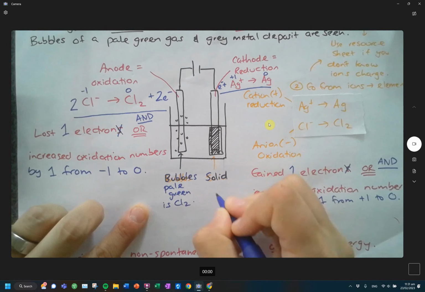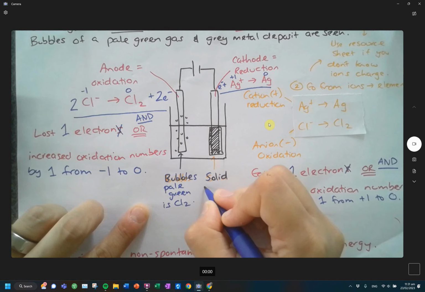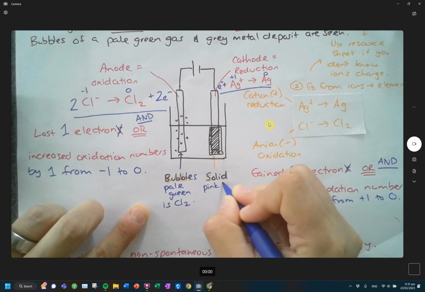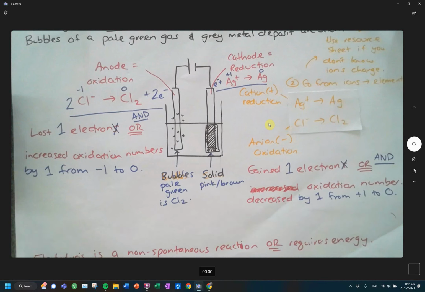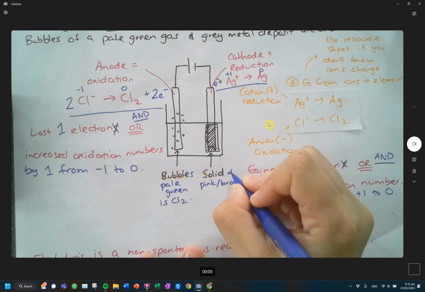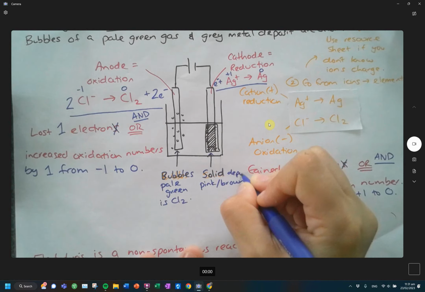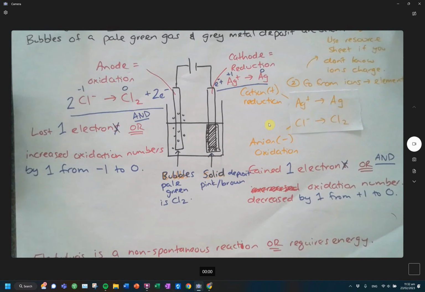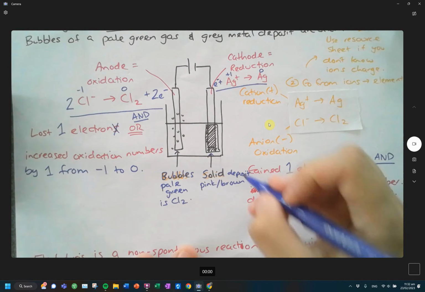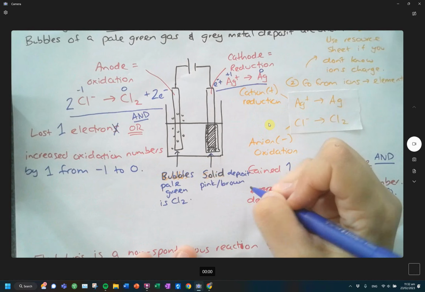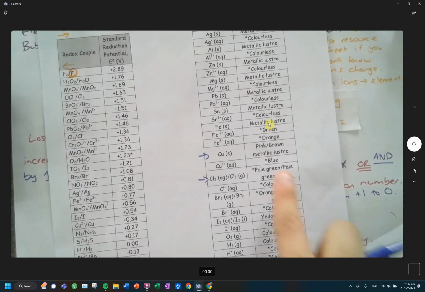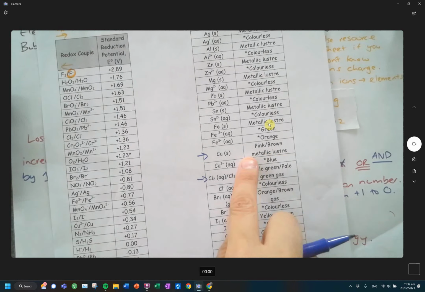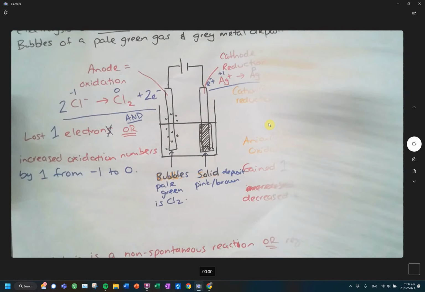The solid is a pink brown. I'm going to write actually deposit 2 on there. And again, we use our resource sheet, and our resource sheet tells us that that pink brown metallic luster is my copper.